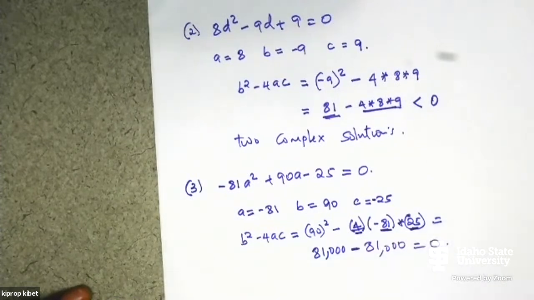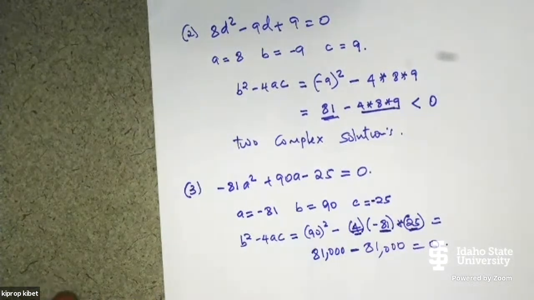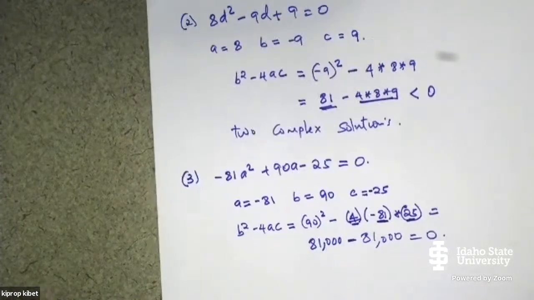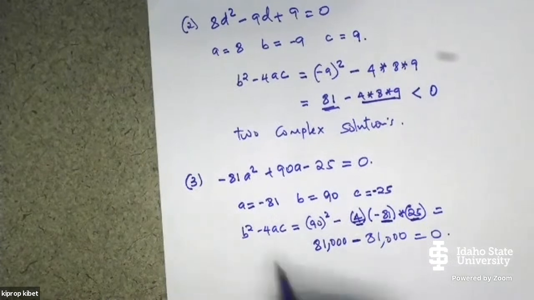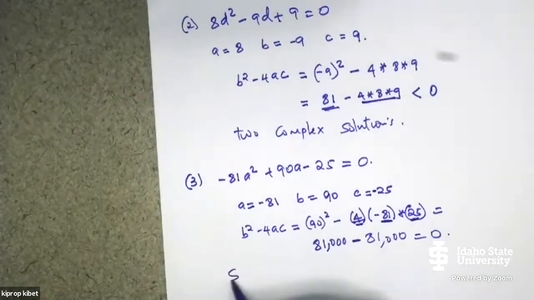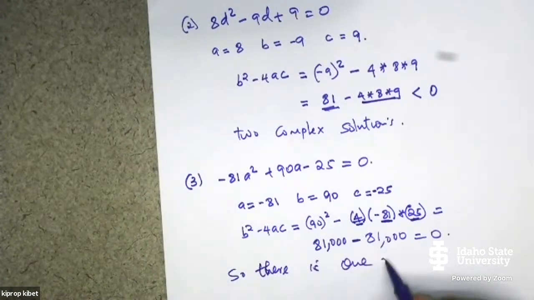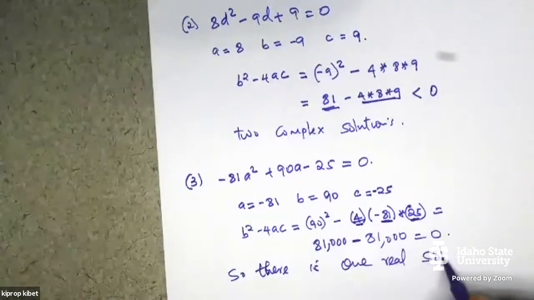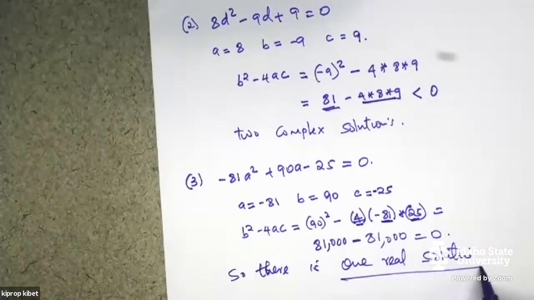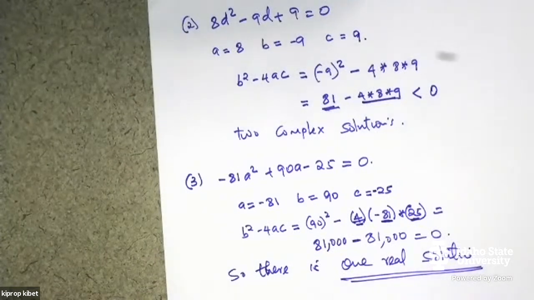So this is equal to 0. Since the discriminant is equal to 0, there is one real solution.